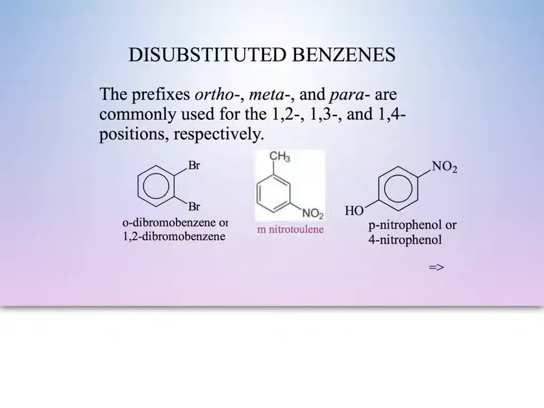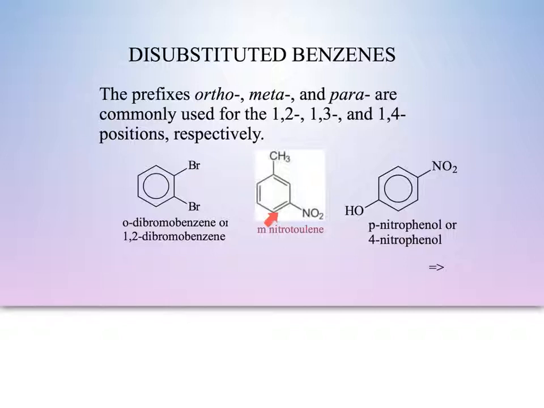Now with that said, let's look at how we would approach naming benzenes. First off, any one of these carbons can be represented as carbon 1. And we want our carbon numbers, when we have a functional group, we want those to be on the smallest carbon number possible. And so here you would see we have it as a 1,2-dibromobenzene.